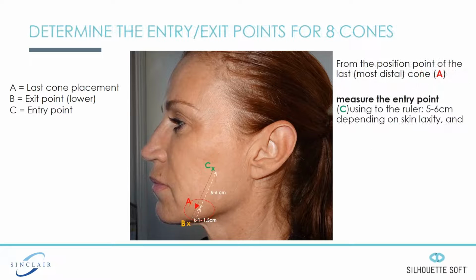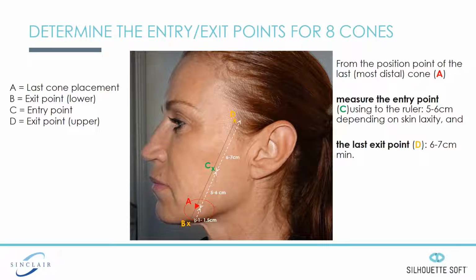In the case of an 8-cone suture, we need to measure 5 to 6 centimeters from the last cone identified as point A here, not from exit point B, to determine the entry point, identified as point C here. The exit point for the anchoring part of the suture, point D here, can then be placed 6 to 7 centimeters over the temple area.